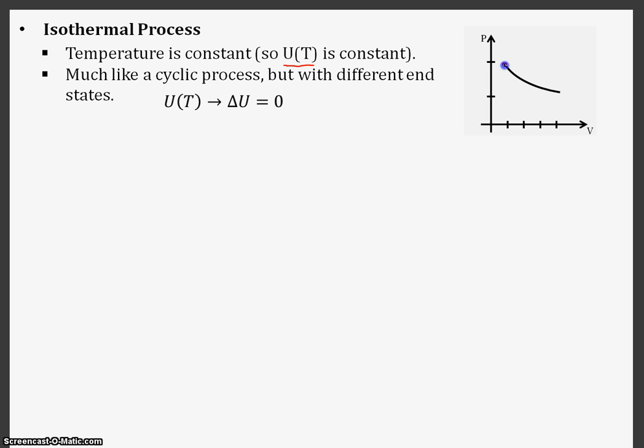You start with a certain P and V, you end with another P and V, but it's the same temperature, because PV is proportional to T, and so any P that's inversely proportional to V in this case gives you the same temperature. So U here is the same, U here is the same, U and temperature anywhere along this isotherm is exactly the same.